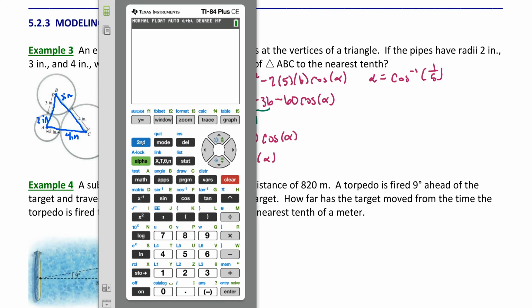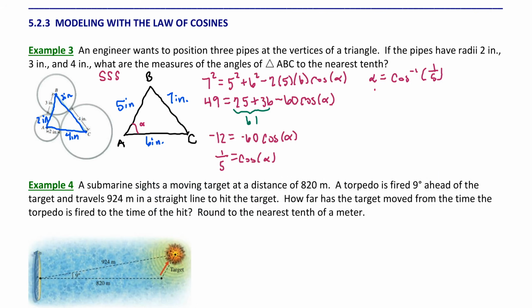With our calculator in degree mode, we find inverse cosine of 1/5 to be 78.5 to the nearest tenth. So our angle alpha is 78.5 degrees. And I'm going to go ahead and label that on the triangle, 78.5 degrees.